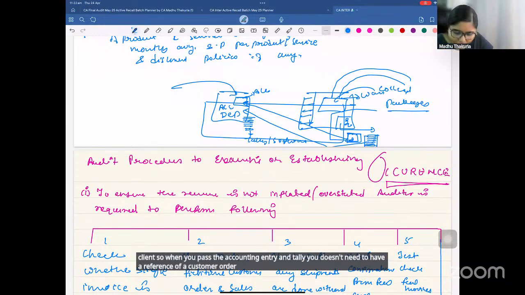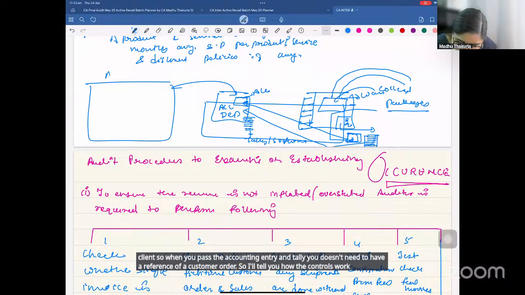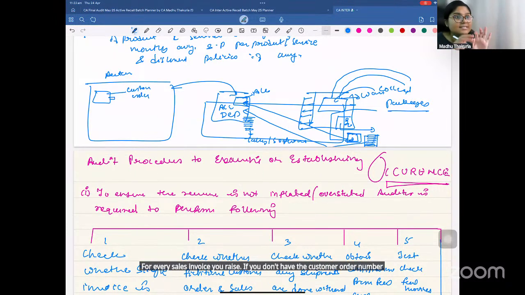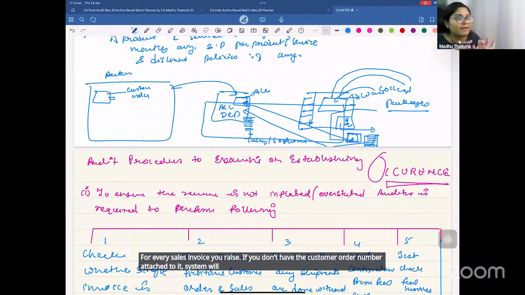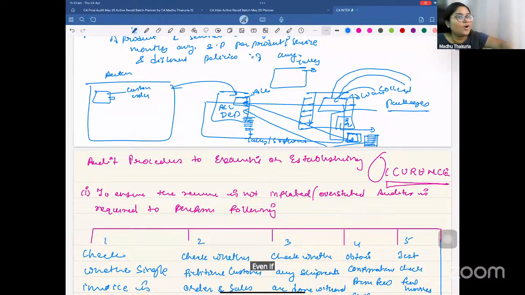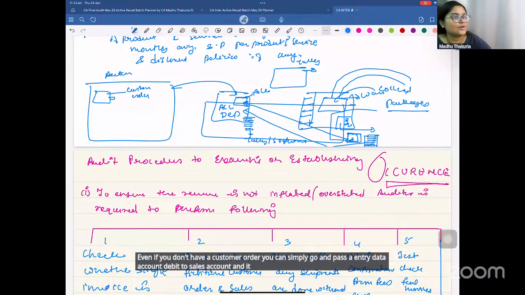So I'll tell you how the controls work. In an automated environment, for every sales invoice you raise, if you don't have the customer order number attached to it, the system will give you a pop-up that a valid customer order is needed. But when there is a software like Tally, even if you don't have a customer order, you can simply go and pass an entry, debtors account debit to sales account, and it will raise the sales invoice.